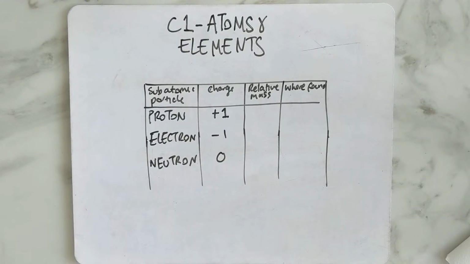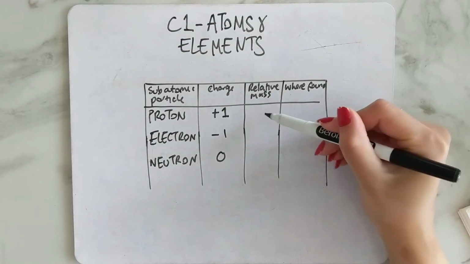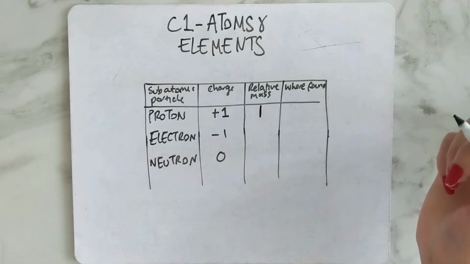Okay, so relative mass. What that means is, relative meaning in comparison: how big or how small are protons, electrons and neutrons in comparison with each other? Remember, atoms are tiny, they're the smallest part of a substance. We can't put them on a balance or a weighing scale and say it's 50 kilograms or 10 kilograms because they're so tiny. All we can do is compare them in terms of size. So the relative mass of a proton is 1.